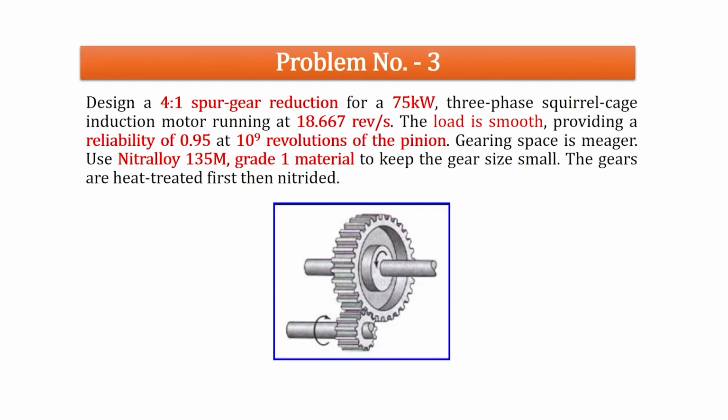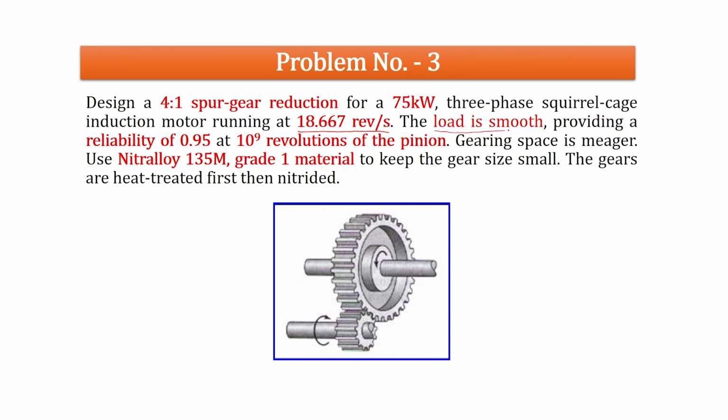The problem which we are going to take is: design a 4:1 spur gear reduction for a 75 kilowatt 3-phase squirrel cage induction motor running at 18.667 revolutions per second. The load is smooth.